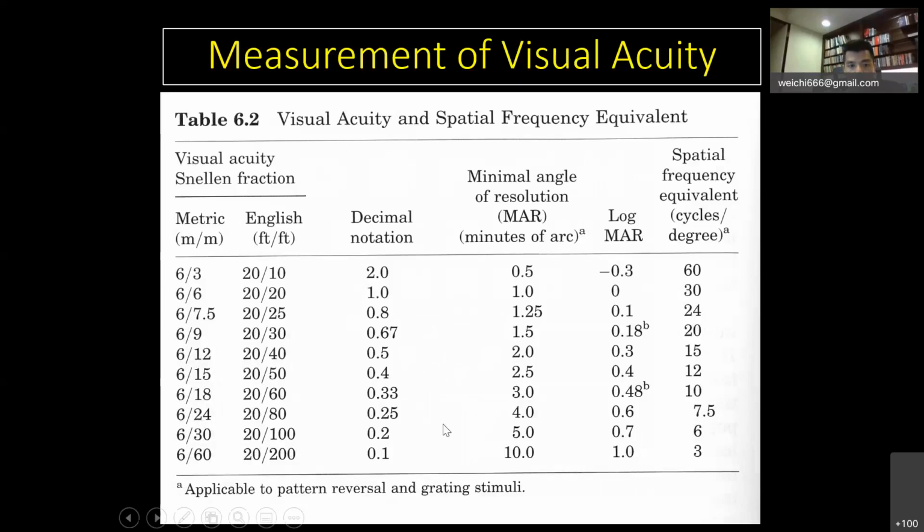So this is the basic denotation of the chart.